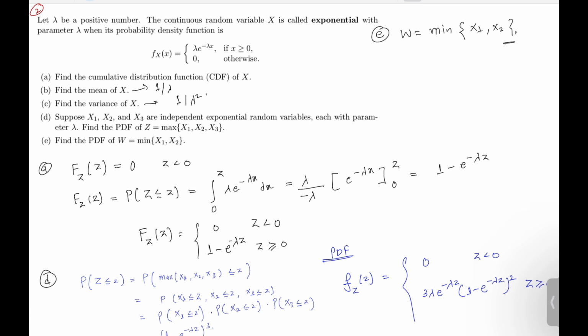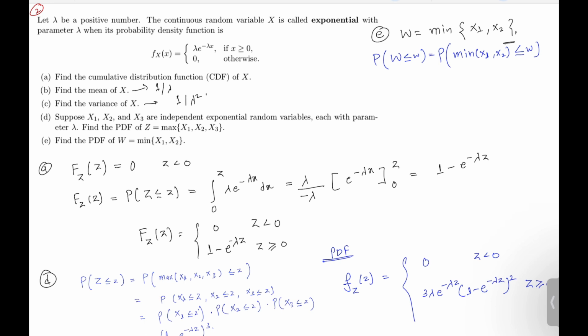Simply, we can first find the CDF. The CDF is nothing but the probability that the random variable W takes a value less than or equal to little w. We can replace this W by the function, min of X1, X2, less than or equal to little w.